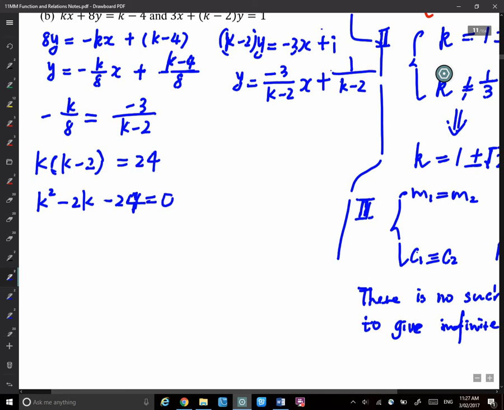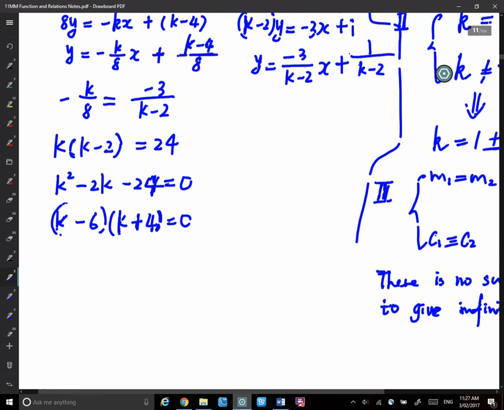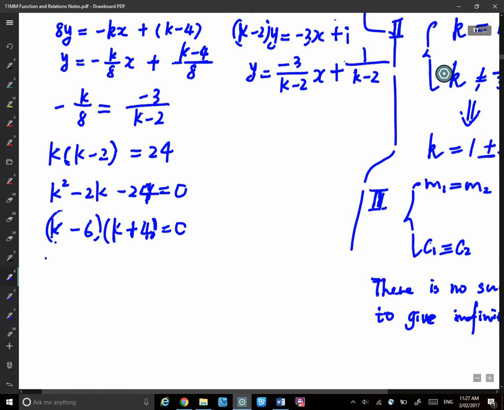And if you know how to factorize that, I will have (k minus 6) times (k plus 4) equals 0. And I will solve that k equals 6 or k equals negative 4.